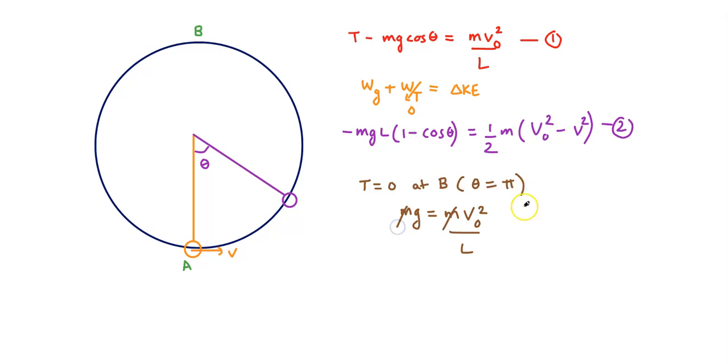Okay, so VO would be square root of GL. And what is VO? VO is the speed at any point O, and in this case point O and point B are the same. So the bob is at the very top.